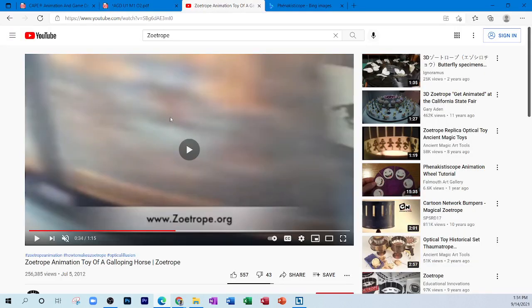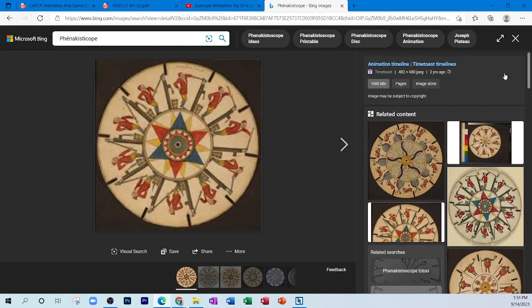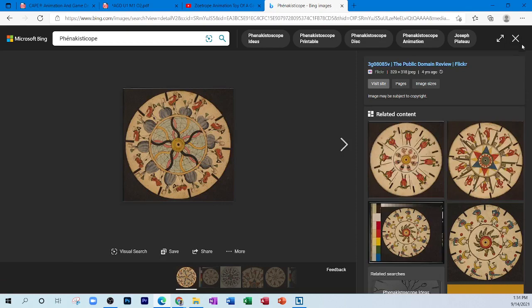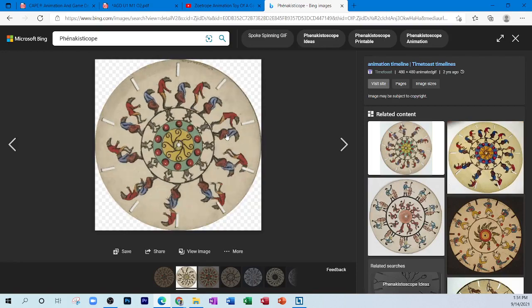Because you notice that here something has to be passing in front of the screen, and I think that was the same for, well, not the same for this here. This one, I think this one is just spinning.